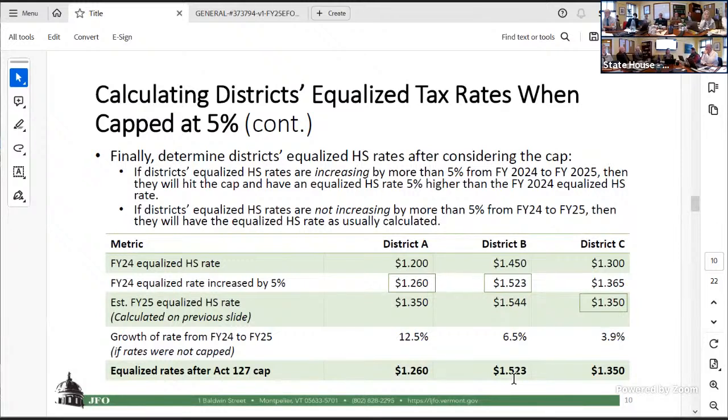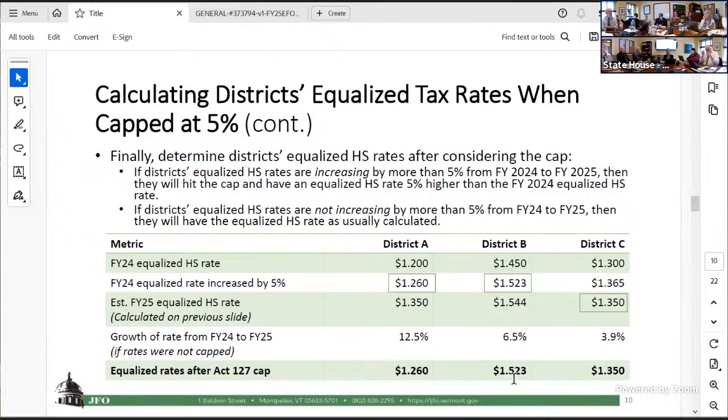If there's no other revenue streams into the ed fund, it means it will be raised either by homestead property taxpayers in districts that are not capped at 5% and or non-homestead property taxpayers. And maybe this is the circular loop that you're gonna get into later, that cap for some districts that shifts.